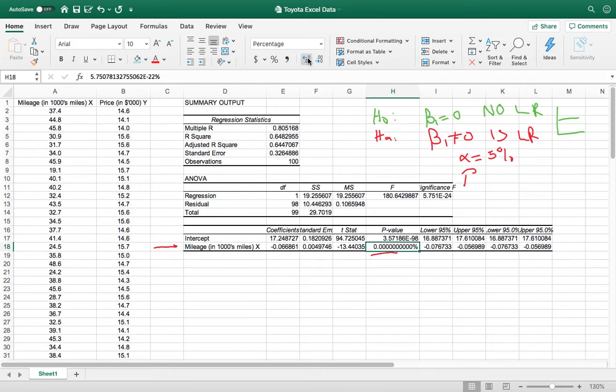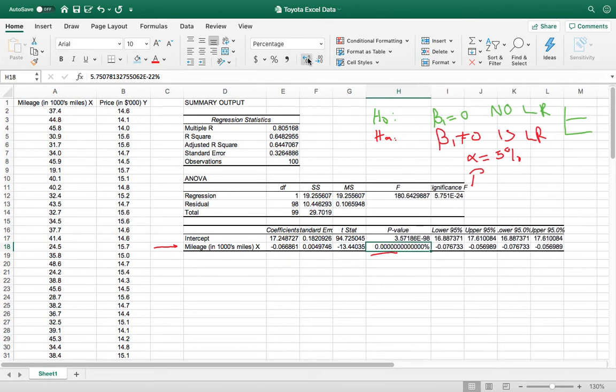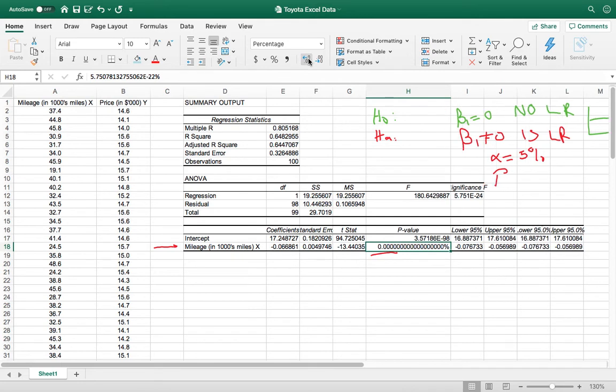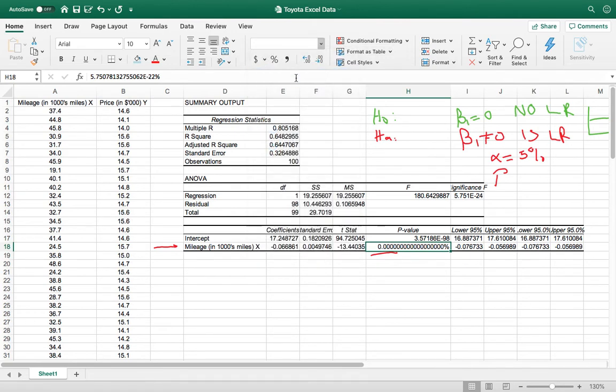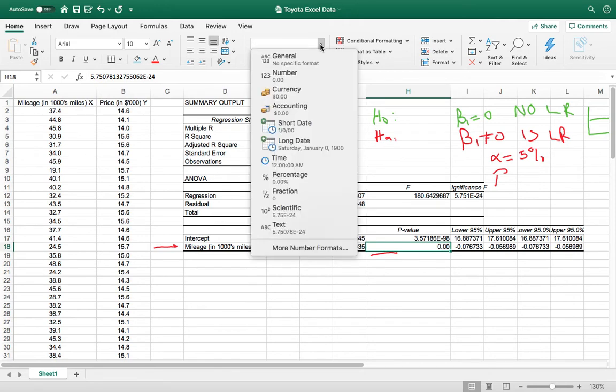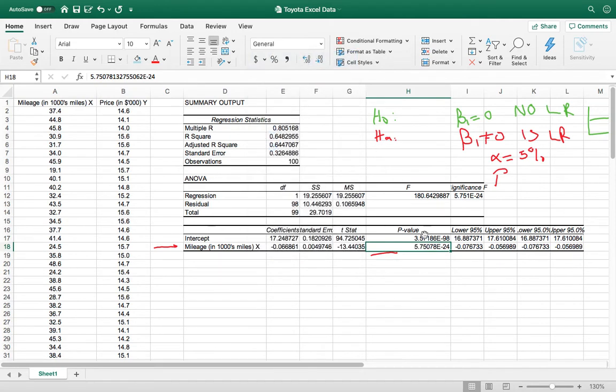At some point it's going to change from 0, but not anytime soon. There were many leading zeros, written as e to the minus something, so you can change the format to see it. Yes, we have to go 24 zeros before we actually get that 5 in there. So that number is a very, very small number.